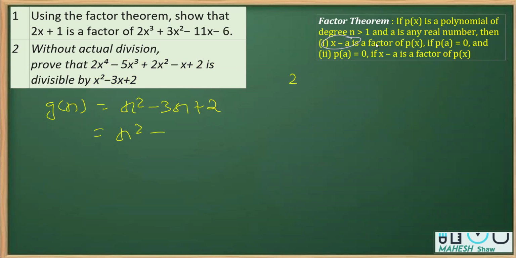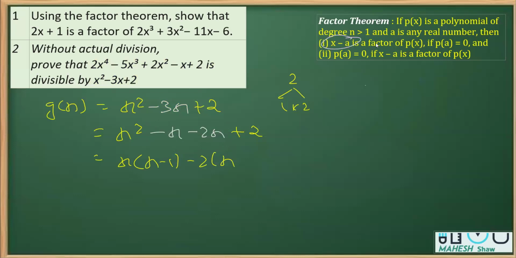I can write 2 as 2 into 1, or 1 into 2, and write this as x square minus x minus 2x plus 2. So what I have actually done here is split the middle term, minus 3x, as minus x minus 2x. Now we can continue to factorize it. x is common between the first two terms.